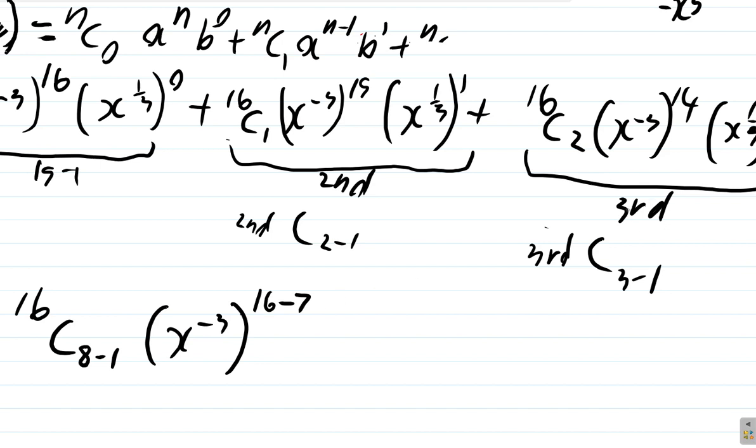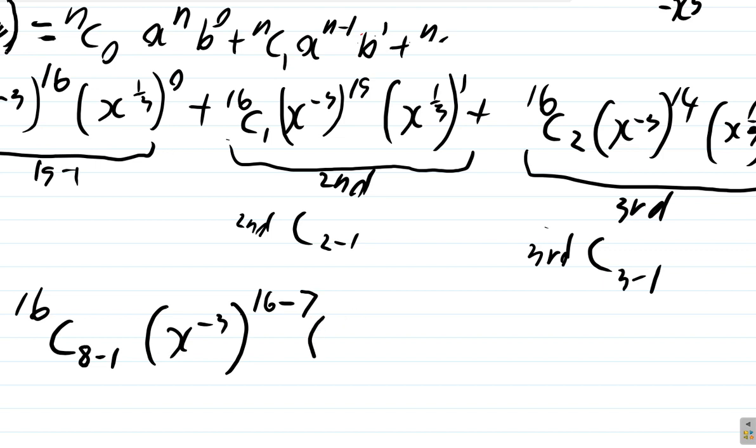Term number 2, you minus 1 from the 16 to get 15. In term number 3, you minus 2 from the 16, which is 1 less than 3. So term number 8, you minus 7 from the 16, which is 1 less than 8.